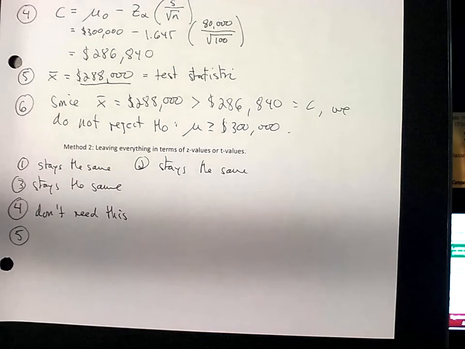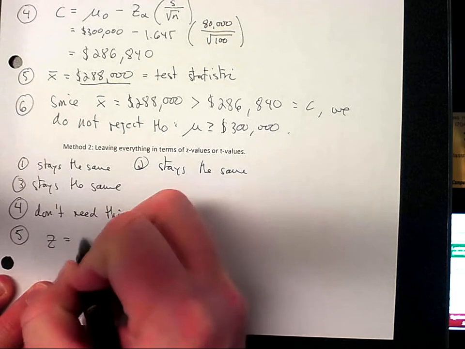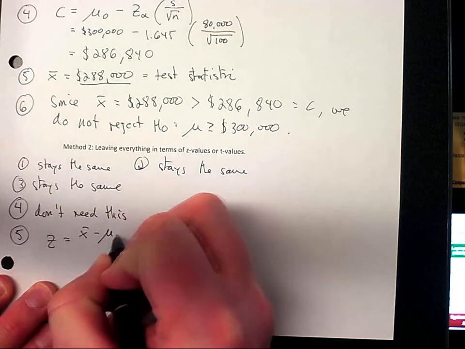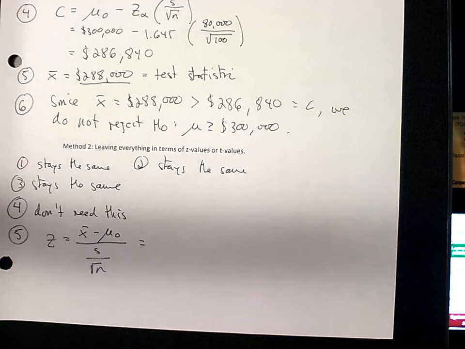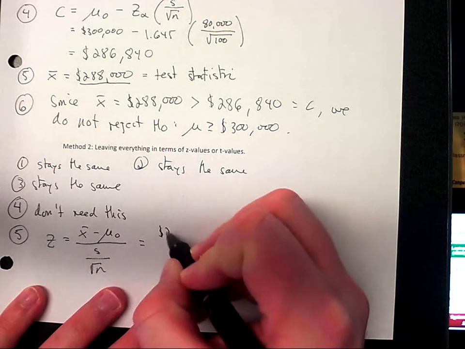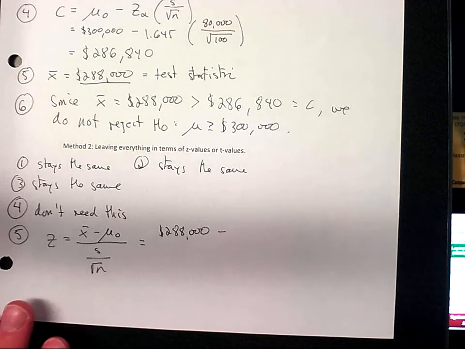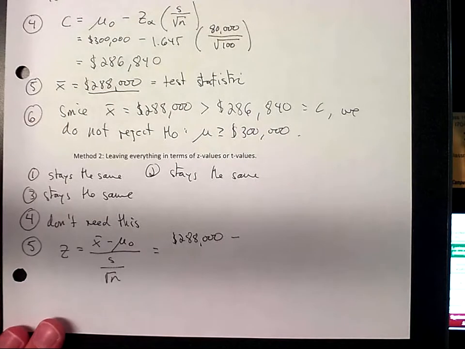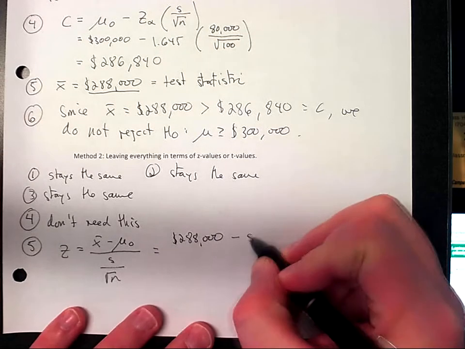So then I'm going to copy this down, and I'm going to say now that z is equal to x bar minus mu sub naught divided by s divided by the square root of n. All right. X bar we already identified in the first method, and it's also given to us in our problem. It's 288,000. What is this mu sub naught thing again? It's $300,000. It's our hypothesized mean.